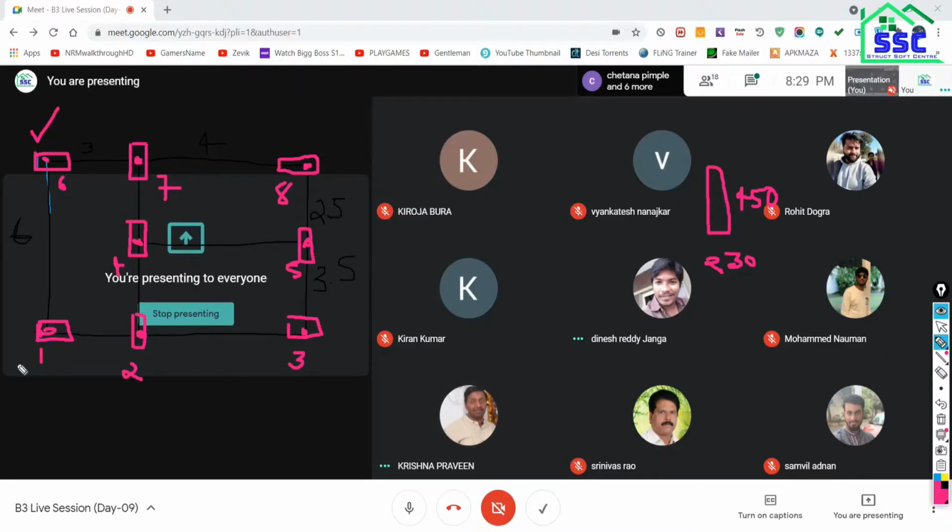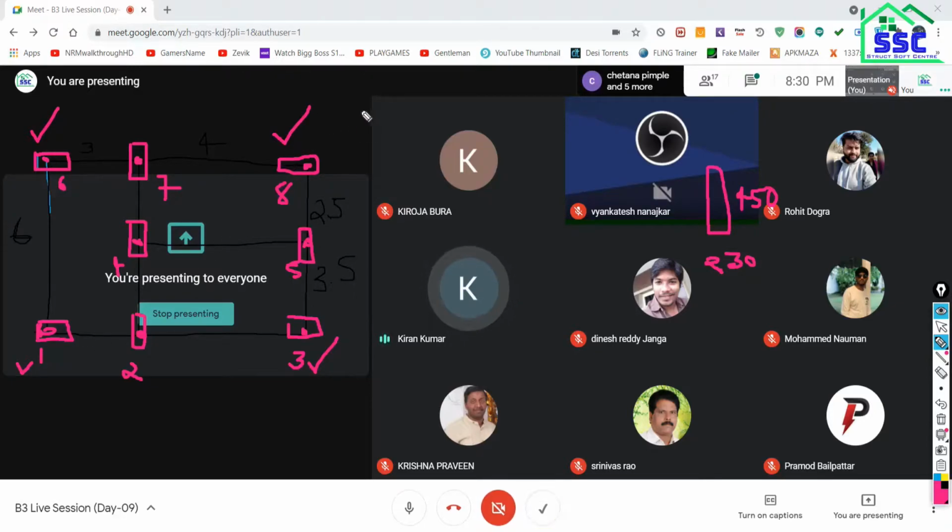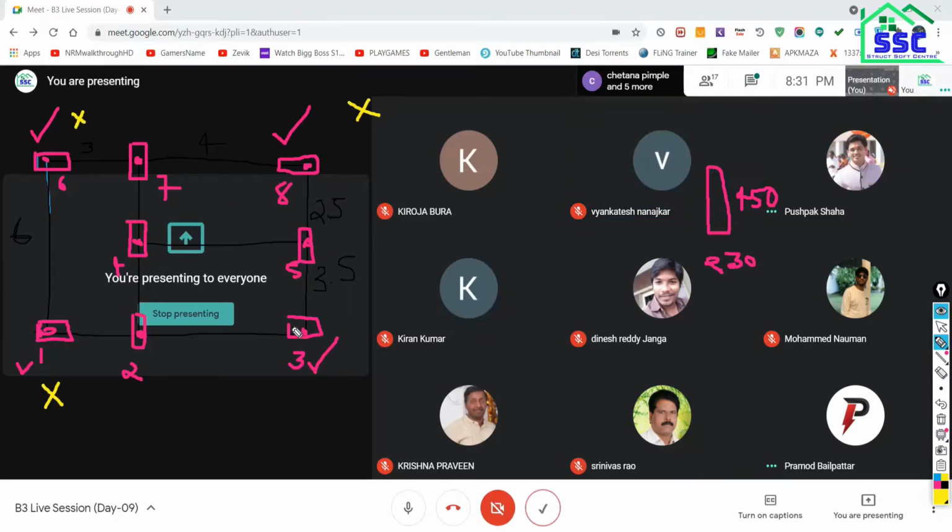Kiran says 8 is not right, 1 is not right, and 6 is not right. Pramod says 3 and 8 are correct and all others are wrong.